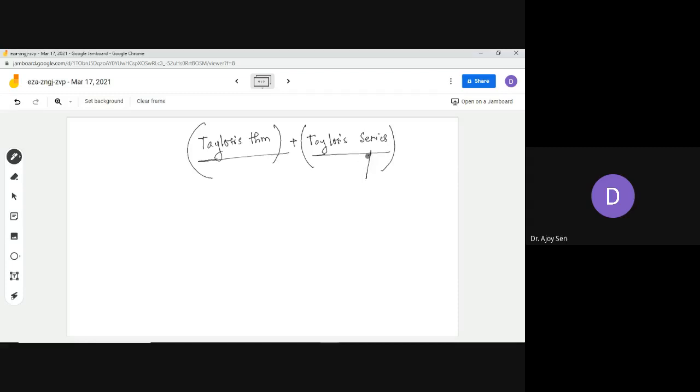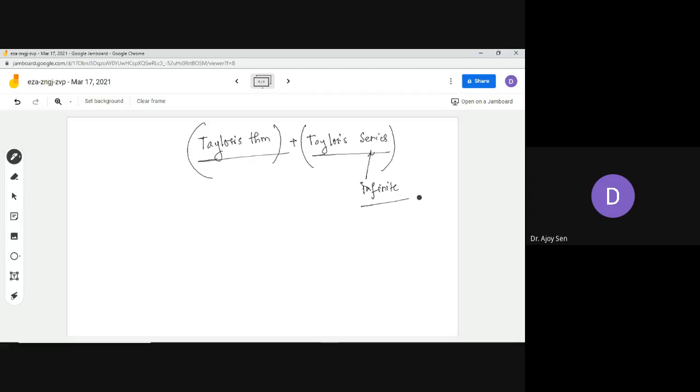Whenever I write series, it means infinite series. I think you have somehow read this kind of expression, these expansions, in your lower classes.